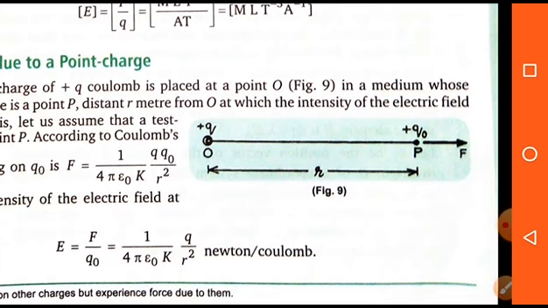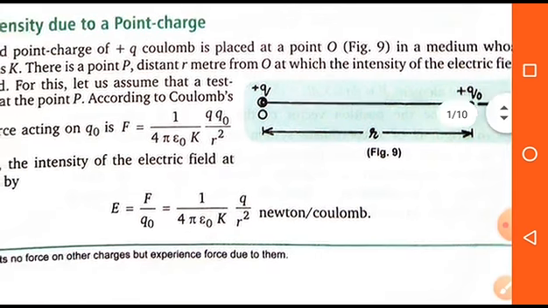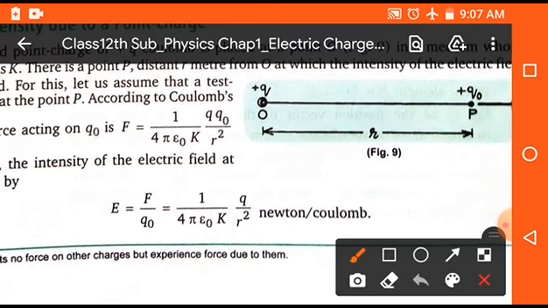Now we know that the force between two charges is F is equal to 1 upon 4 pi epsilon naught times k Q Q naught upon r square, where k is the constant for the medium, known as the dielectric constant. Now we know that intensity of electric field is equal to F upon Q naught. So on putting the value, we get E is equal to 1 upon 4 pi epsilon naught times k Q upon r square. This is the required expression for electric field at any point.